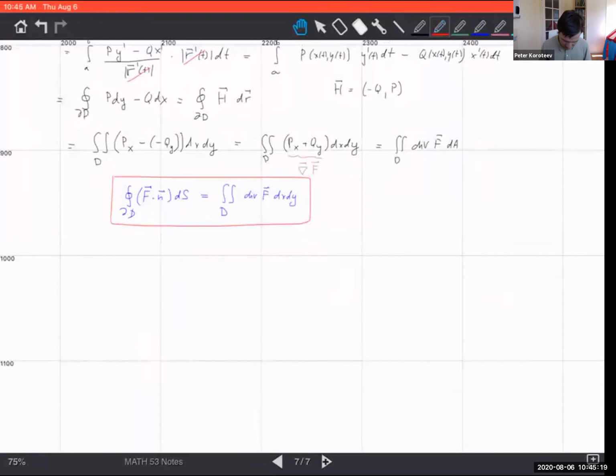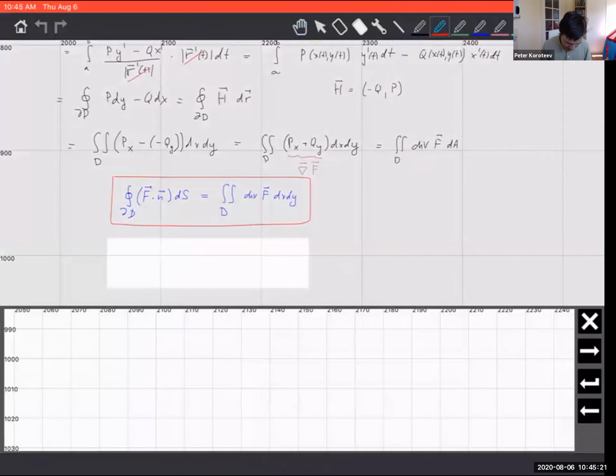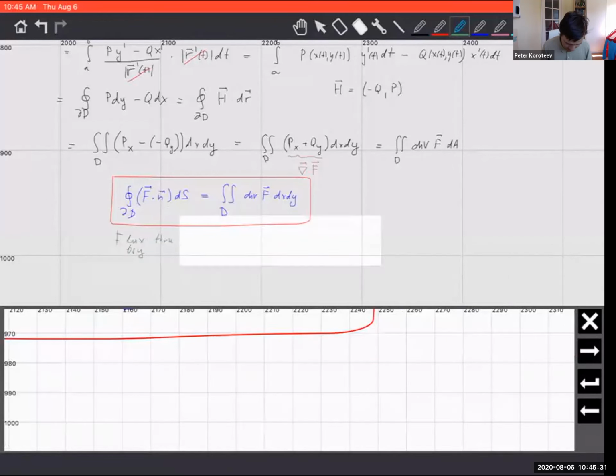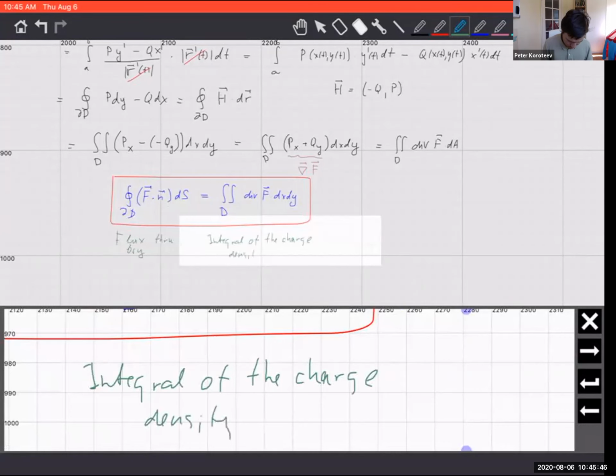The left-hand side is the flux, like the flux through the boundary, and the right-hand side is the integral of the charge density, which is the charge itself.